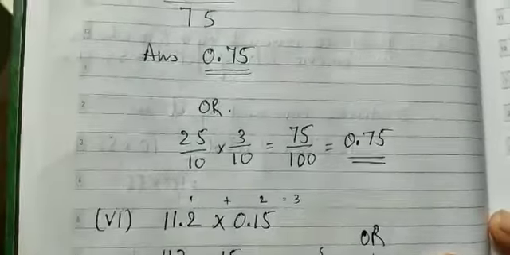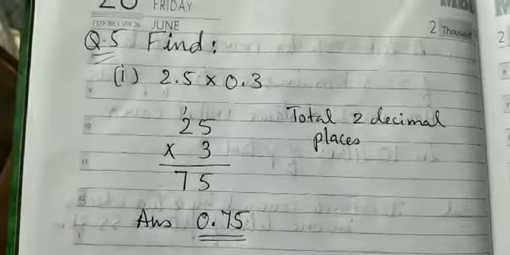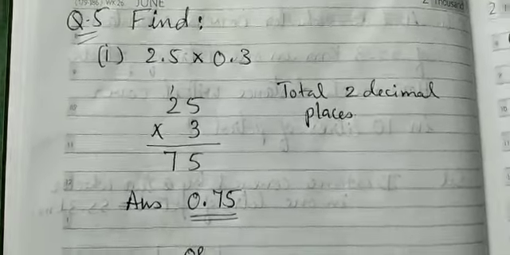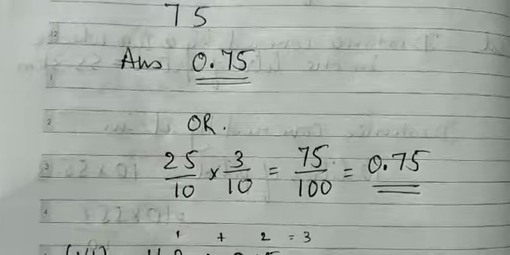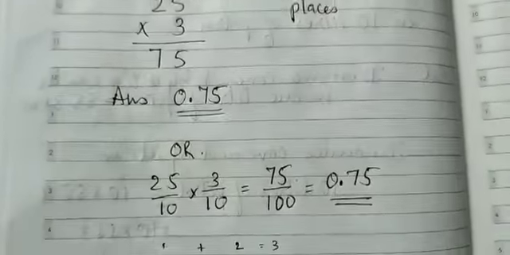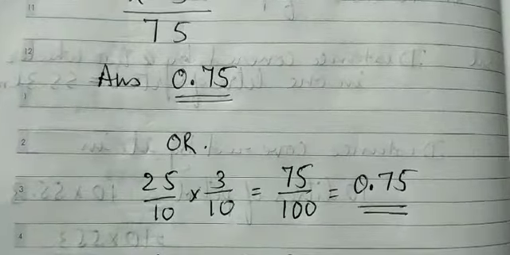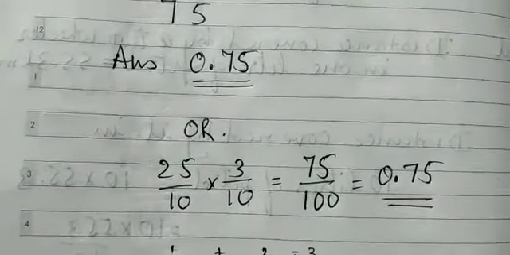And the second way of doing it is, I will express both the decimal numbers in the fraction form. 2.5 will be written as 25 by 10 multiplied by 0.3 will be written as 3 by 10. And what do you get?